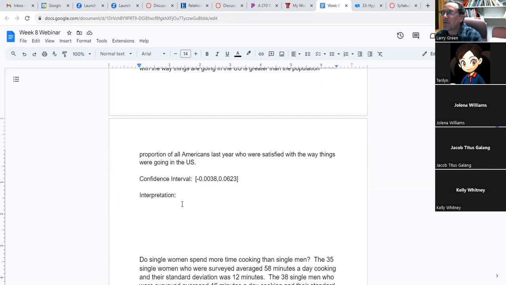So who remembers the first word to interpret a confidence interval that we had last week? Yeah, with. It's very helpful because it'll get you started.